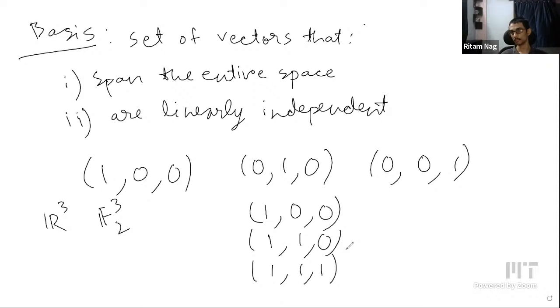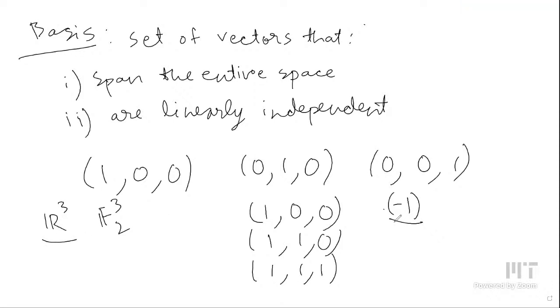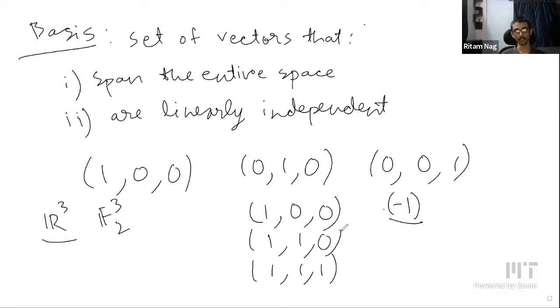Subtraction is defined. For any vector, you can multiply by -1, because -1 is an element of R. But you said that in F2, 0 and 1 are the only elements. How is there a minus 1? I'm talking about R in this case. But even in F2, you actually have -1 equals 1.